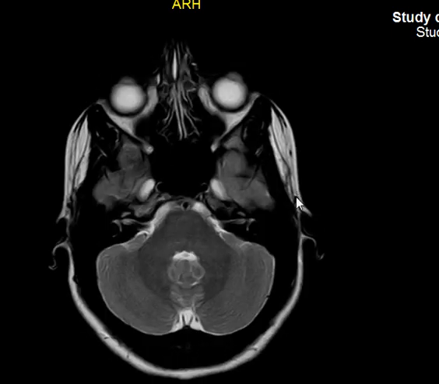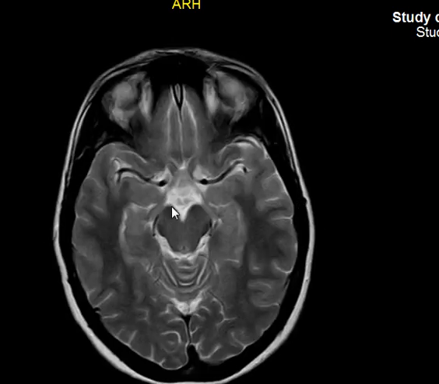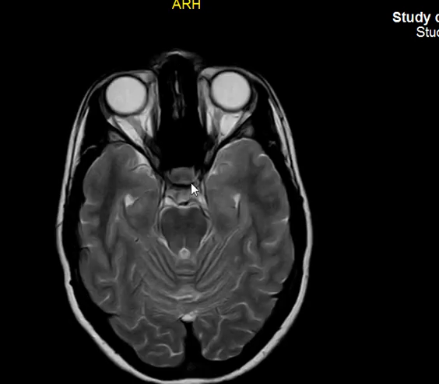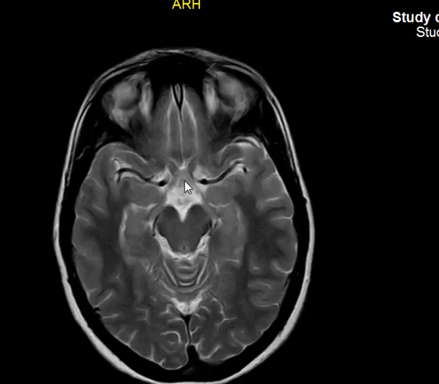You can see a collection of CSF here. Below it is what we call the sella turcica. Above it is the suprasellar cistern. Sella turcica, suprasellar cistern. Okay?